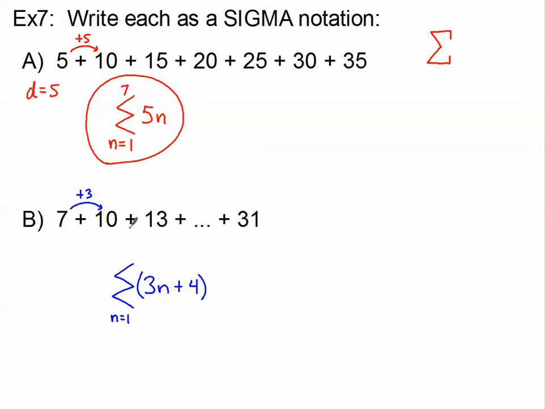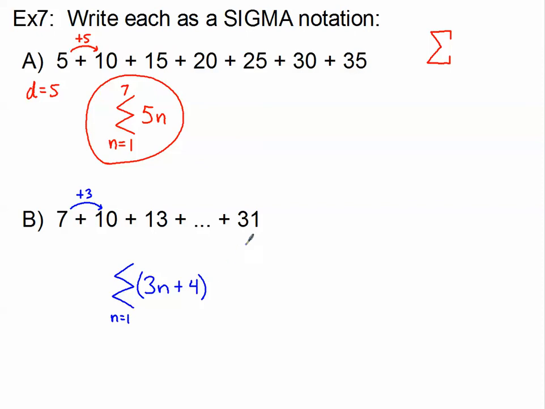We don't have the luxury of being able to count all of our terms like we were able to do in part A because they were all there. We're missing some terms. I need to figure out what number to plug into this that would equal 31. Well, you can sort of see that as like an equation, I guess. 3n plus 4 equals 31.